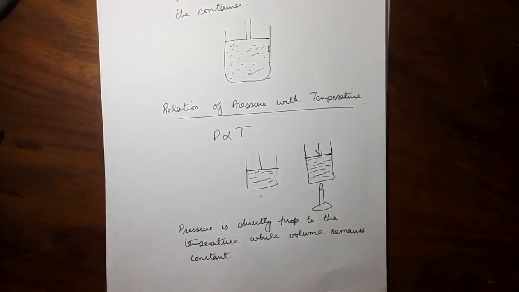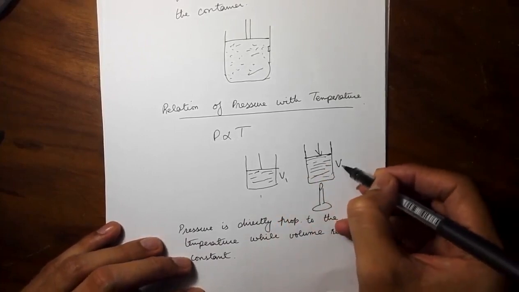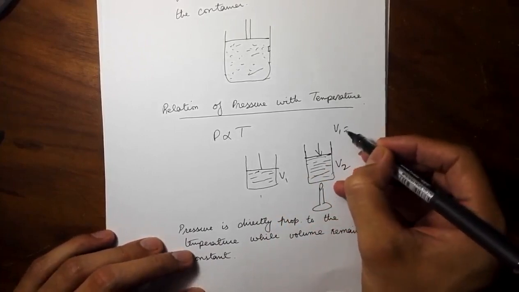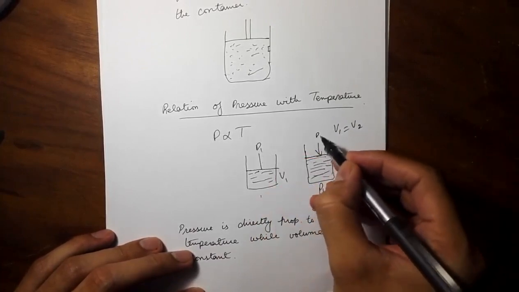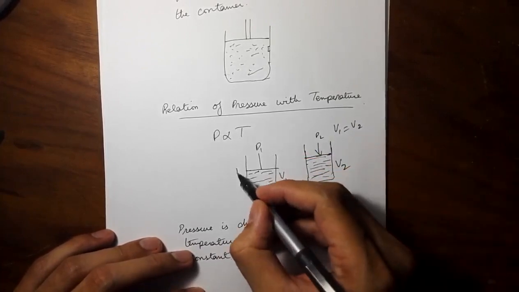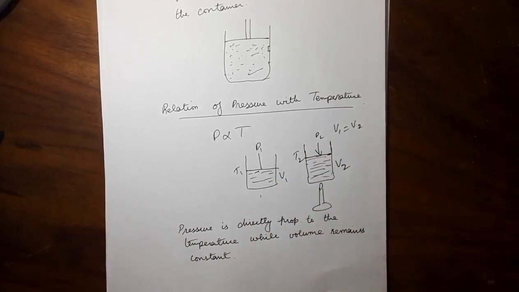So over here V1 is equal to V2. This was P1, this is P2, this is T1, and this temperature is T2. So in this example, the volume remained constant, but the pressure of the gas increased after increasing its temperature.